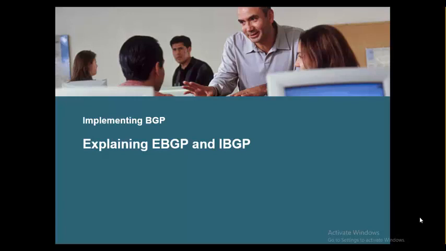Now, when I enable BGP between routers of different autonomous systems, a name is given called eBGP. When I enable it between the routers that are within an autonomous system, a different name, it's iBGP.